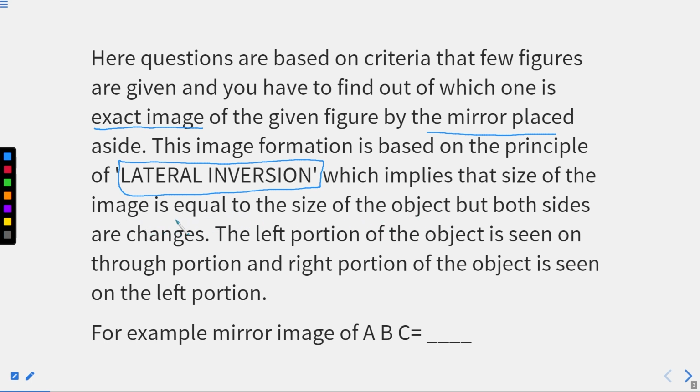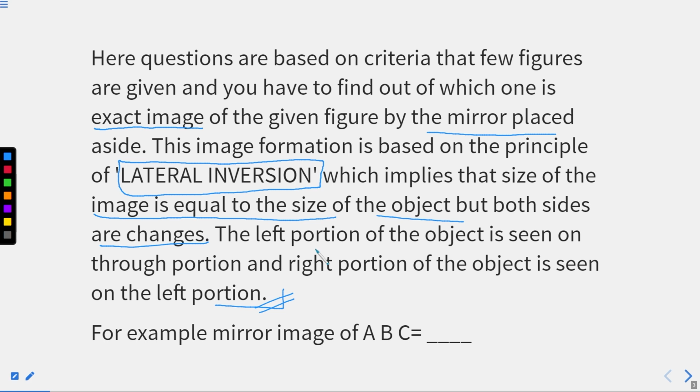A point to note: the image size equals the size of the object, but the sides are changed, like the object is on one side and the image is formed on the other side. The left portion of the object is seen through the right portion, and the right portion of the object is seen through the left portion. This is the basic introduction to what we are going to do in this particular chapter.